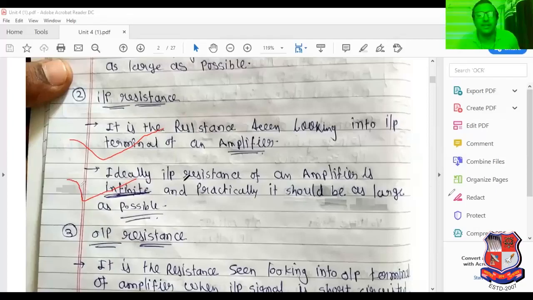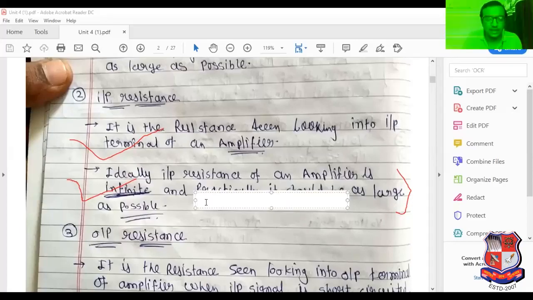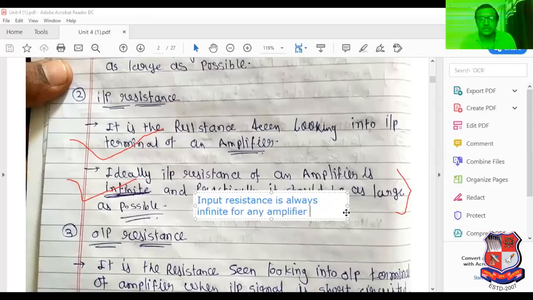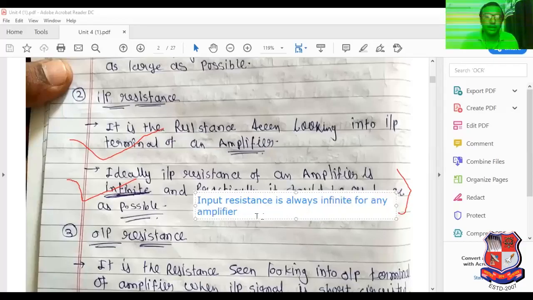It is very useful for the MCQ. What is the ideal value of input resistance for an amplifier? It should be infinite. I have written here in words so you will be able to understand. Input resistance is always infinite for any amplifier, and output resistance is always minimum.